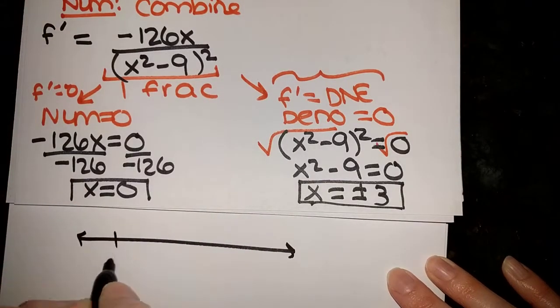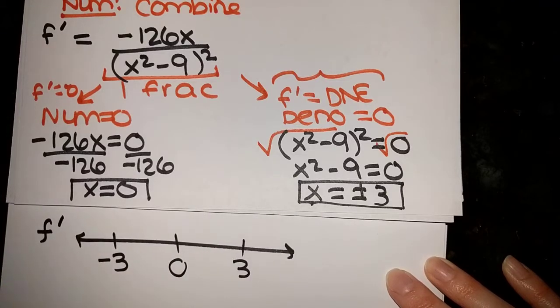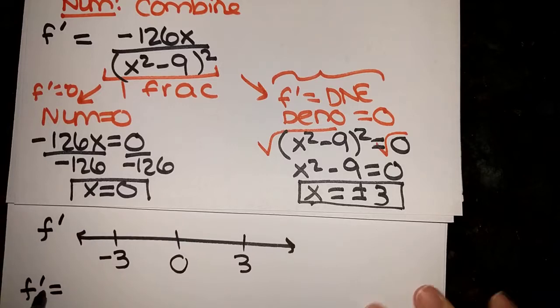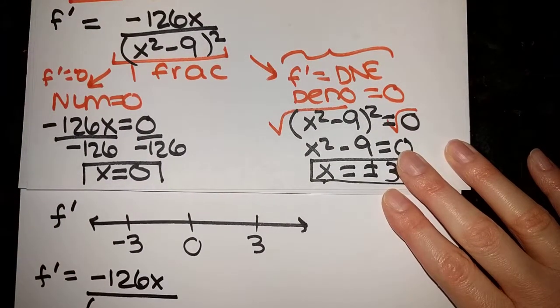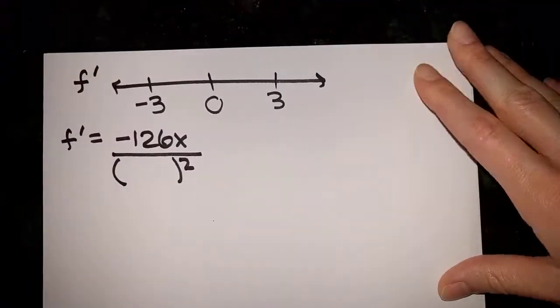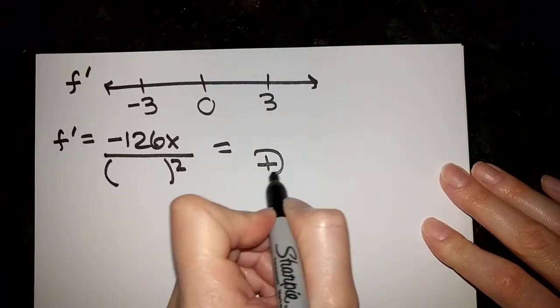So our number line is going to have negative 3, 0, and 3, and we're going to be plugging into the derivative. Now, when you look at the structure of the derivative, you're quite excited about this because the structure of the derivative has parentheses squared in the denominator. So it doesn't matter what you plug into that denominator, you are going to have a positive.